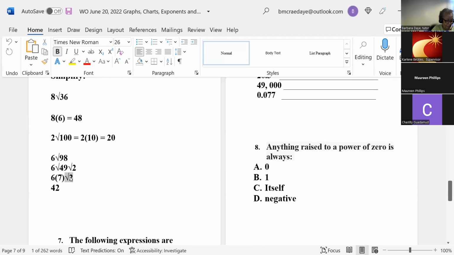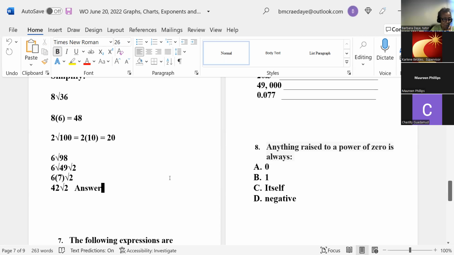So once you break it down into the two radicals, then you get the one that has the perfect square. Once you pick a perfect square, you take the square root of that, and if you had another coefficient, you multiply it by that coefficient, and then the square root of 2, that's a prime number. We just leave that the way it is. Got it?